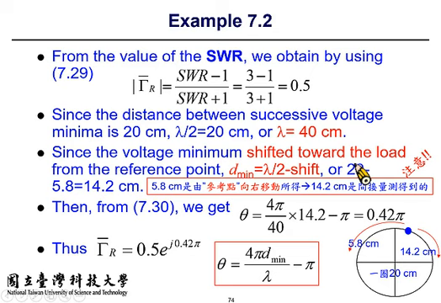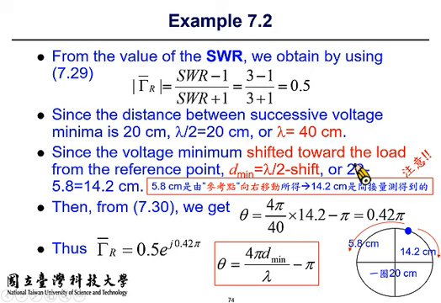It says that once you change the short termination to the unknown termination, for the voltage minimum, you're starting from this blue point. This is the location, this is your reference point, okay?